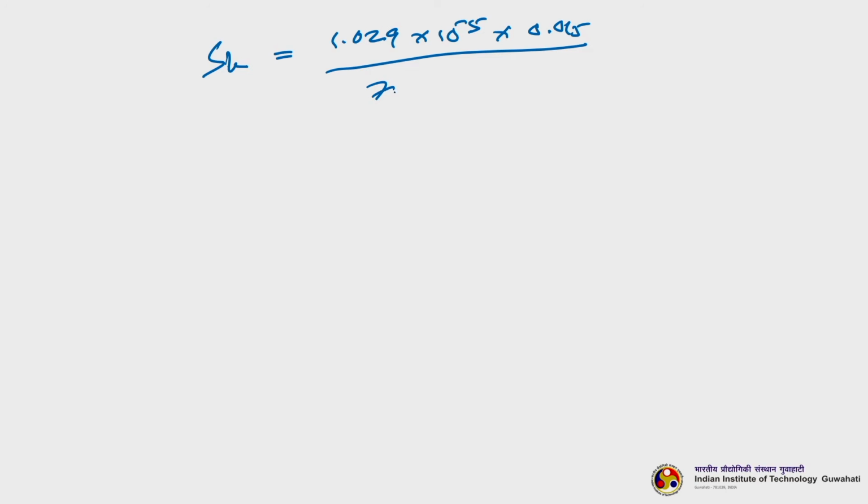You can calculate the Sherwood number by substituting all these values: 1.029 into 10 power of minus 5 into 0.015 divided by 7.8 into 10 power of minus 11. So, your Sherwood number becomes 1978.8.